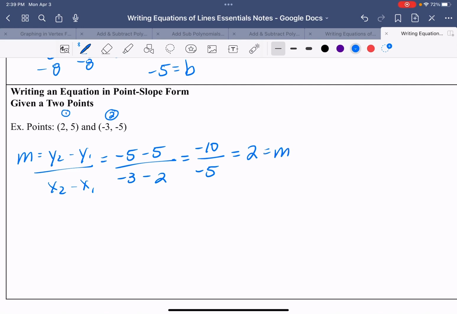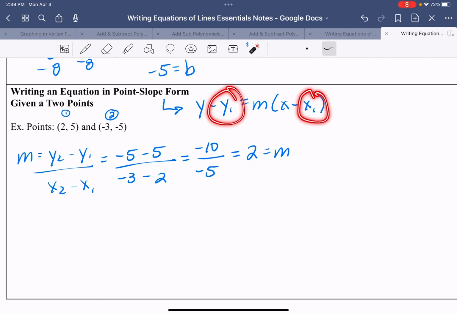Now, the beautiful thing is we don't have to do any more calculating at this point because point-slope form, remember, is y minus y1 equals m times x minus x1. All right, so I already have my points right here, and I have my slope that I just figured out.